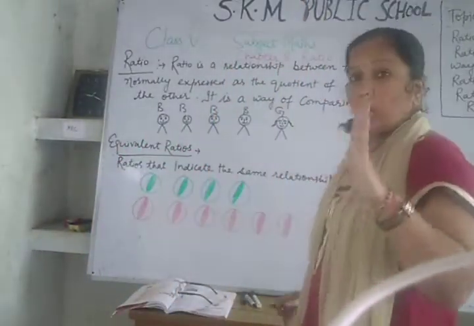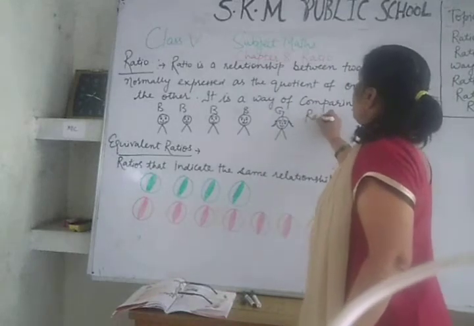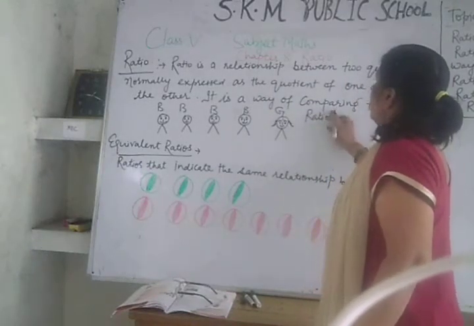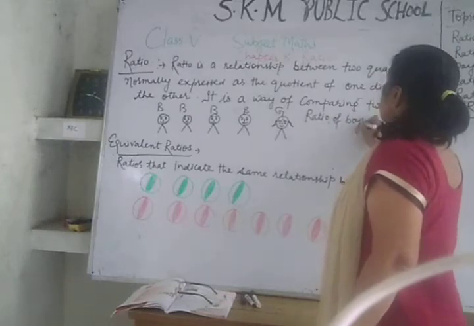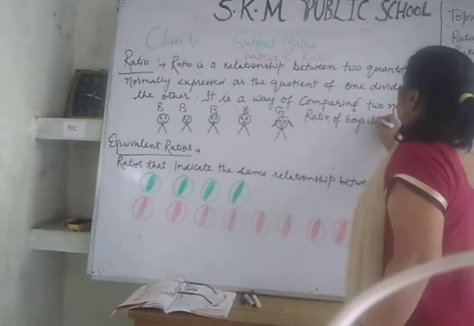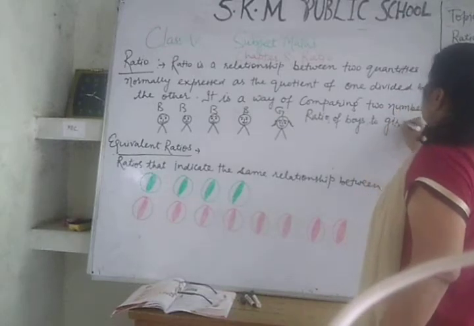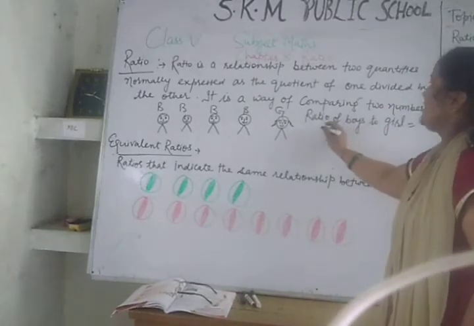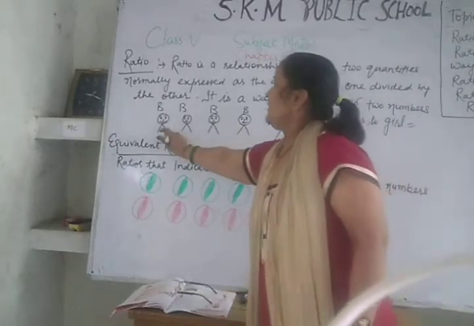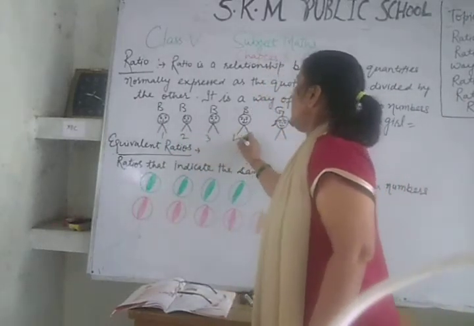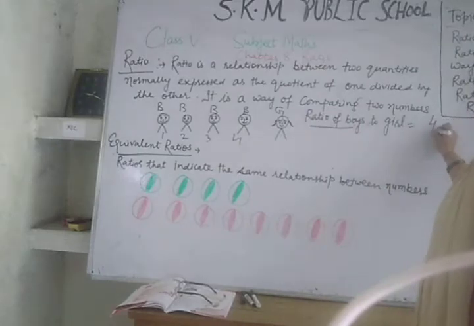Then we can write the ratio of boys to girls. First is boys. How many boys are there? 1, 2, 3 and 4. 4.